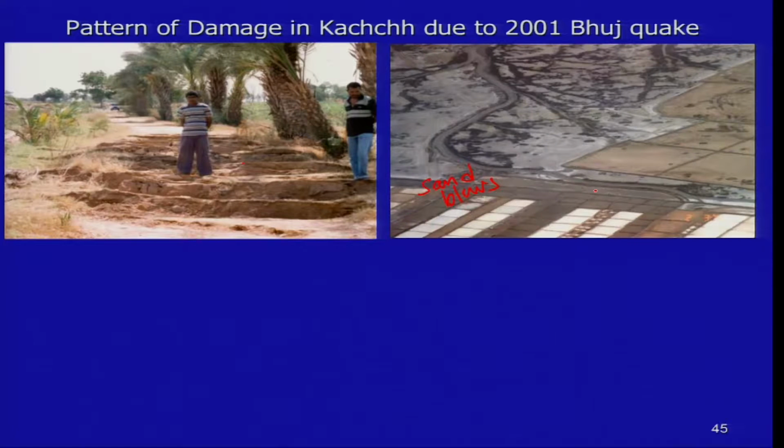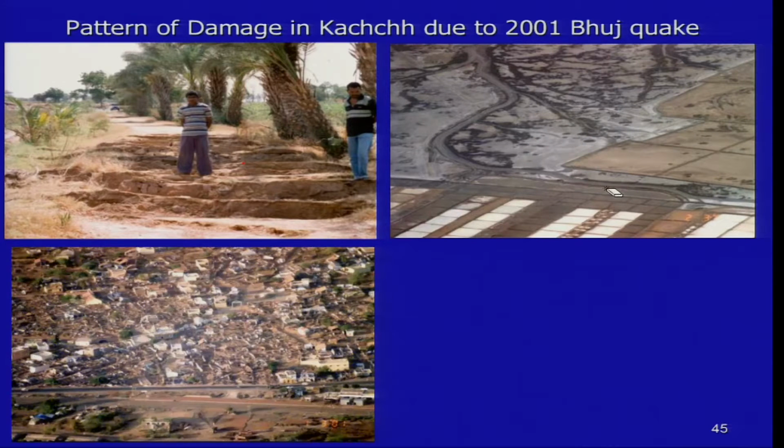Then we have this example from the coastal zone area of Gandhidham in Kutch, where you can see these black spots. These are all sand blows, which resulted in the pouring out of liquefied sand.